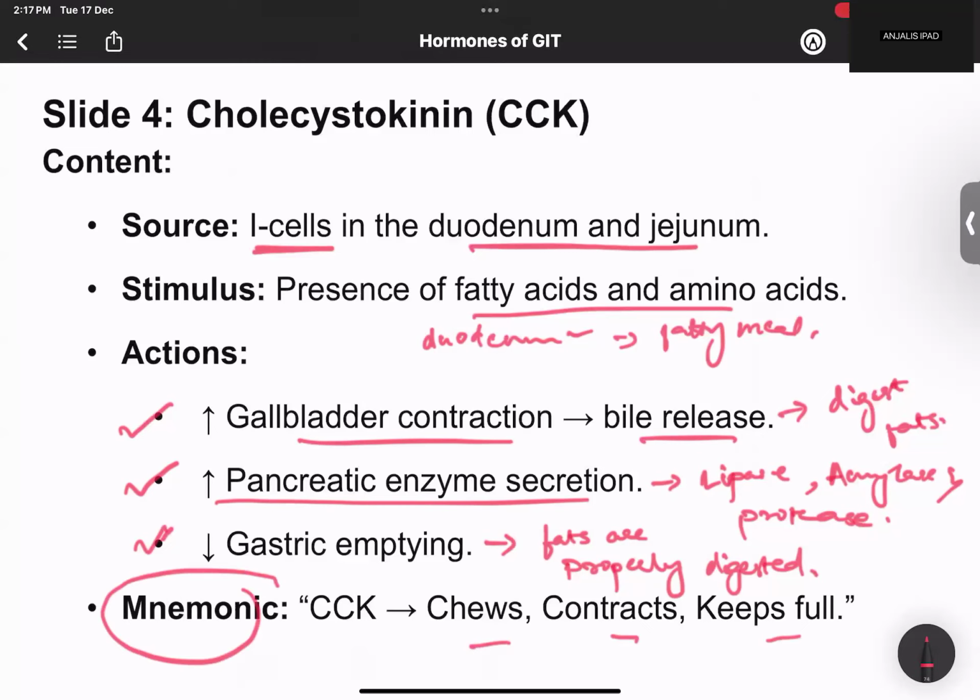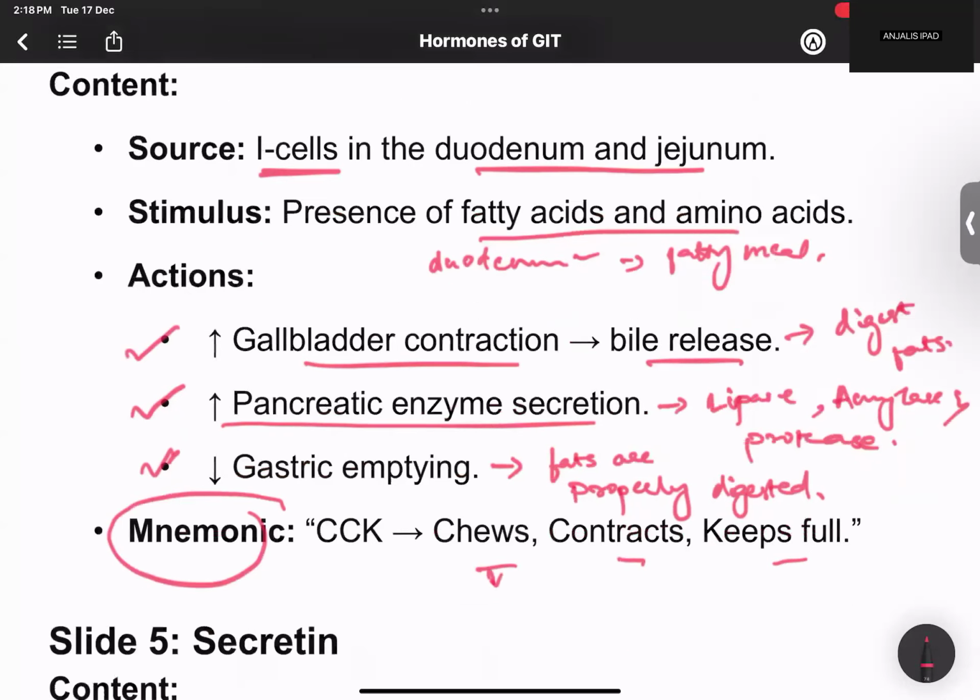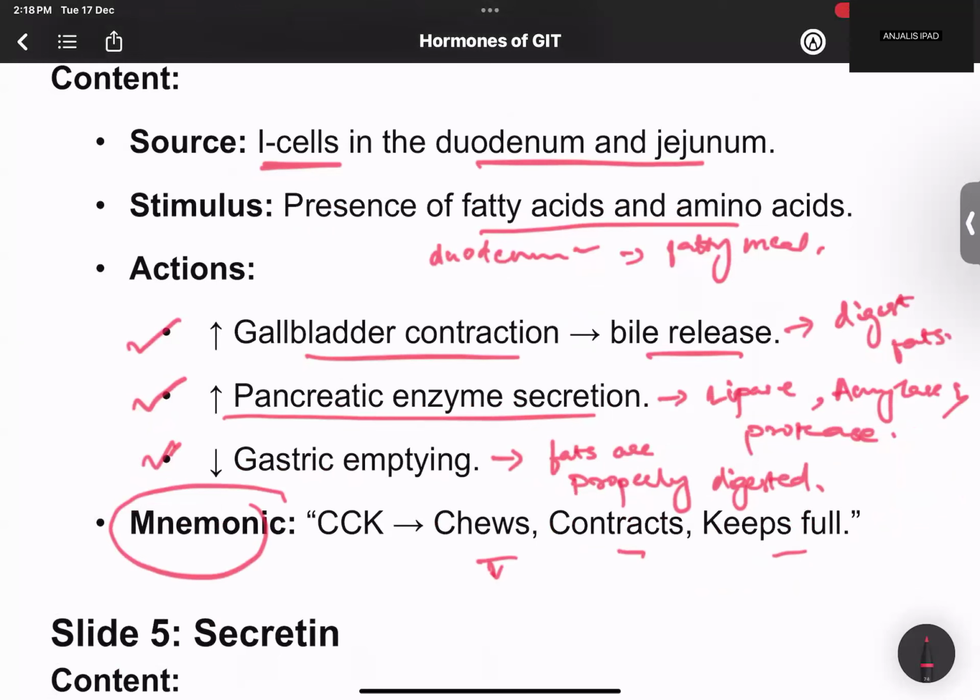Chews stands for enzymes for digestion. Contracts stands for gallbladder contraction, and Keeps full means delayed gastric emptying. So just think of CCK as chews, contracts, and keeps full.